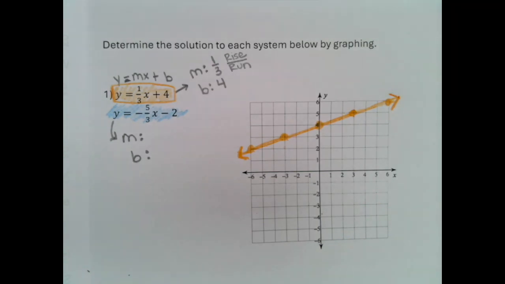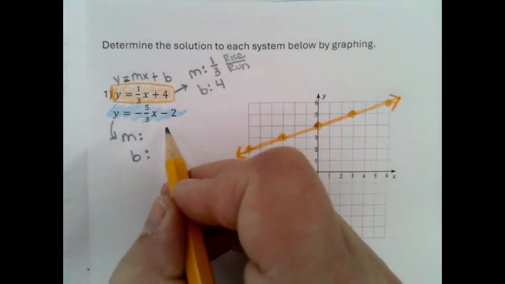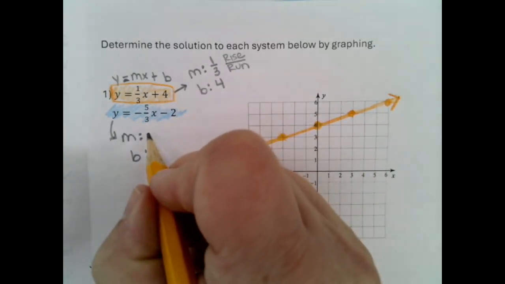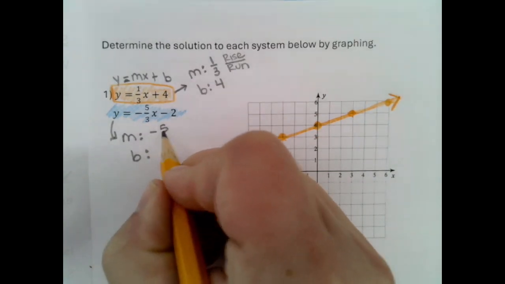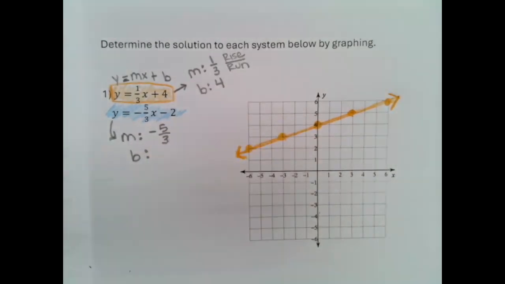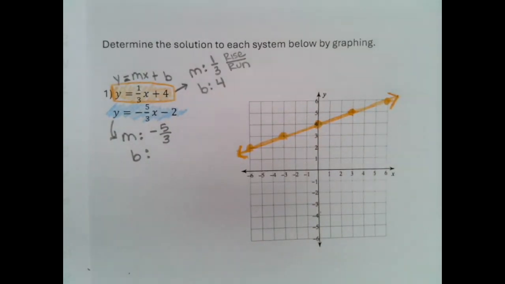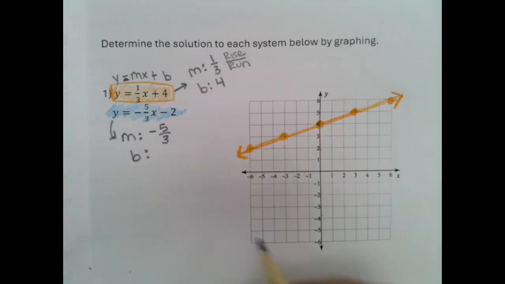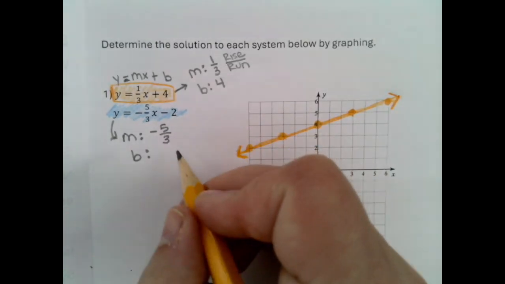Thank you. What is my slope in this one? Good. Negative 5/3. And then b is my y-intercept. What is my b this time? Good. Is it positive or negative?